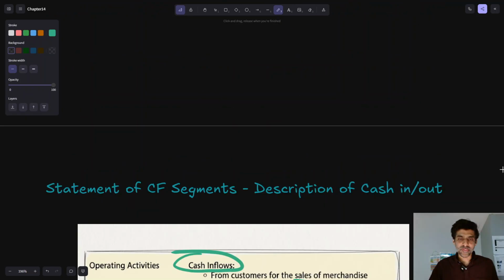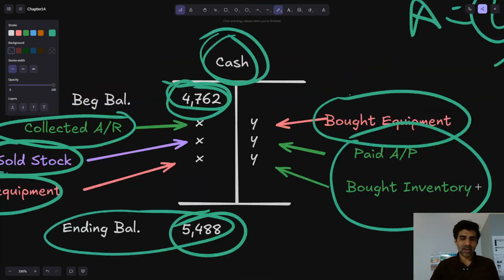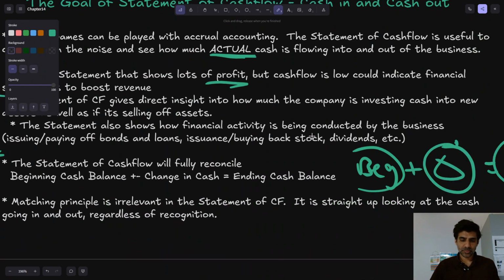And as we saw in the very beginning here, for anything to appear on the statement of cash flow, one of the accounts has to be cash, either a debit or a credit, because we're really just looking at this T account and breaking down what happened there. So if there's any transaction that didn't have cash as one of the accounts, it's not going to appear on the statement of cash flow. Make sense? Okay.